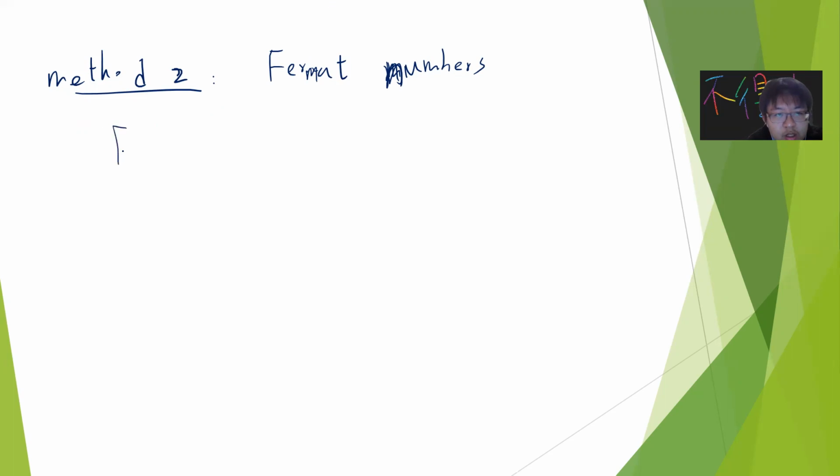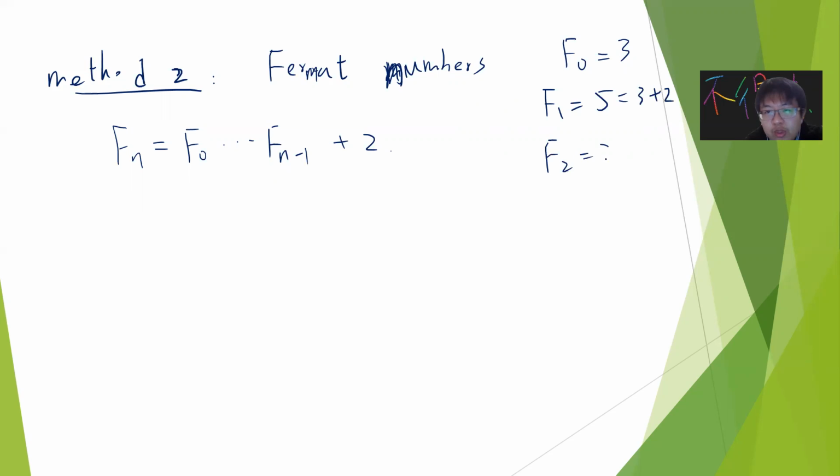Let's define f of 0 is 3, and define f of n to be f of 0 times up to f of n minus 1, plus 2. Notice that if you plug in the definition, your f1 will be 5, because 3 plus 2. Your f2 will be 3 times 5 plus 2, which is 17, and your f3 will be 3 times 5 times 17 plus 2.